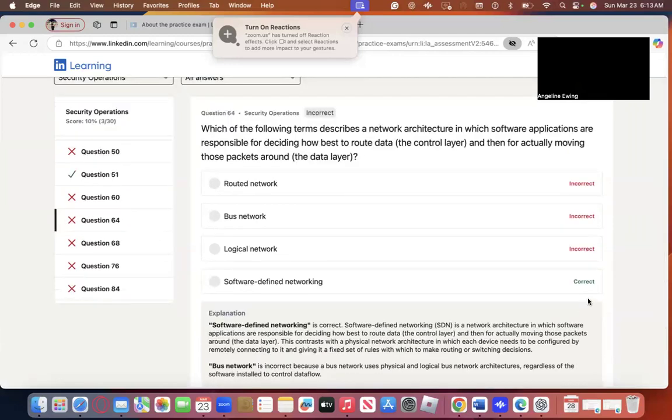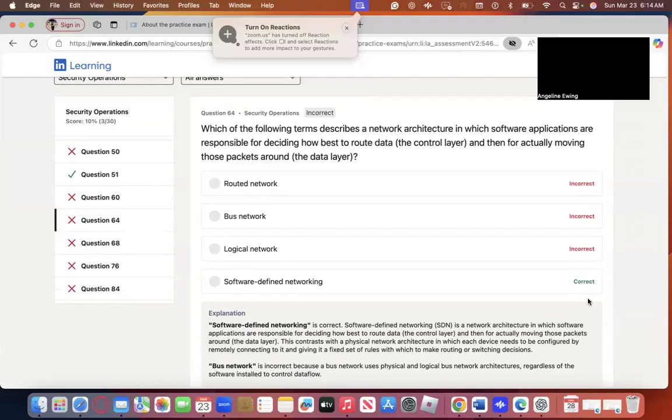Which of the following terms describes a network architecture in which applications are responsible for deciding how best to route data, the control layer, and then for actually moving those packets around, the data layer? Software-defined networking.